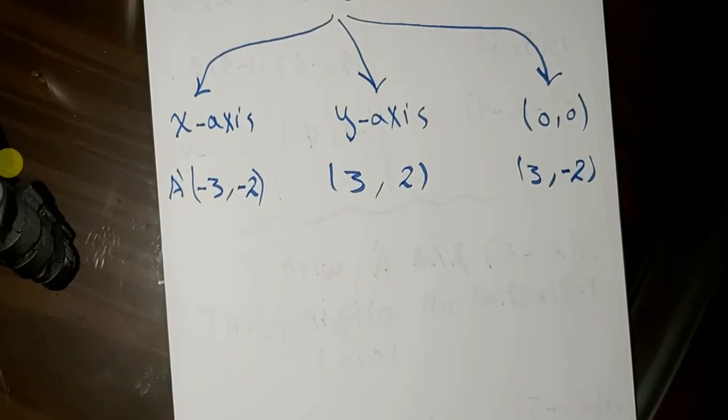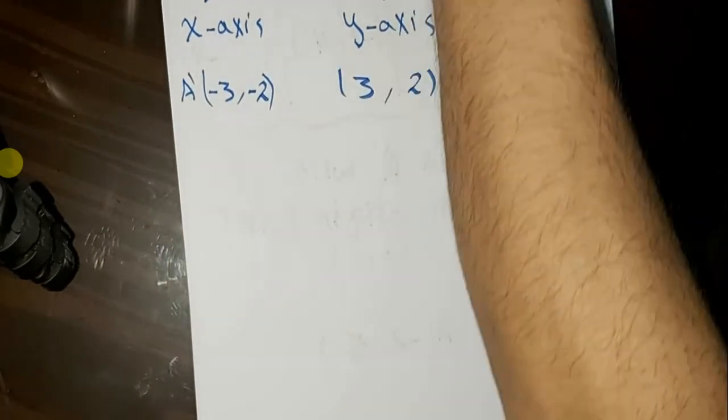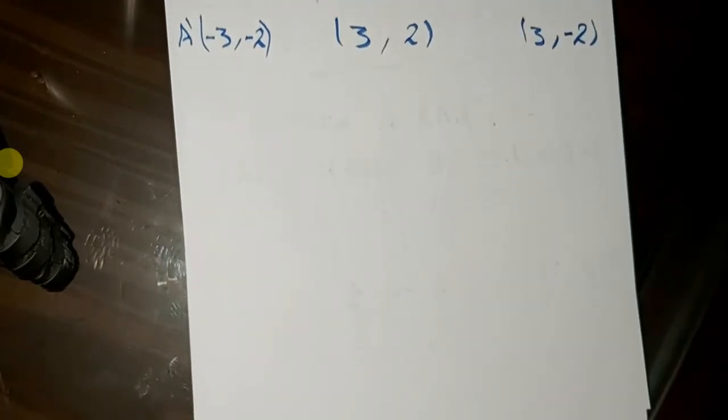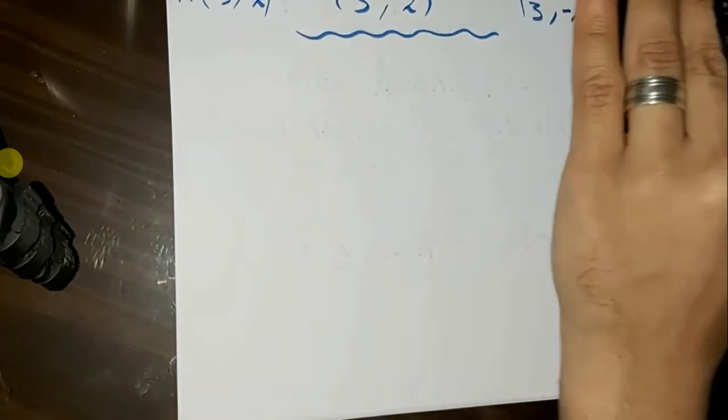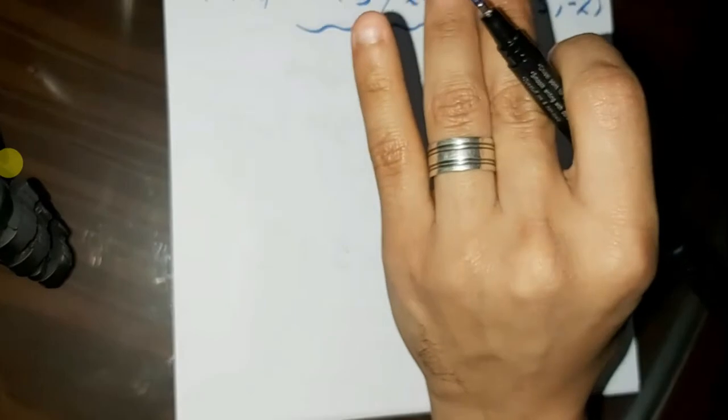Now we will use our coordinate plane to find the reflection of any shape, like a triangle, by reflection on the x-axis and y-axis.